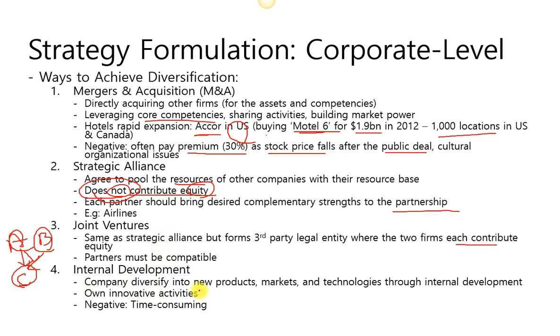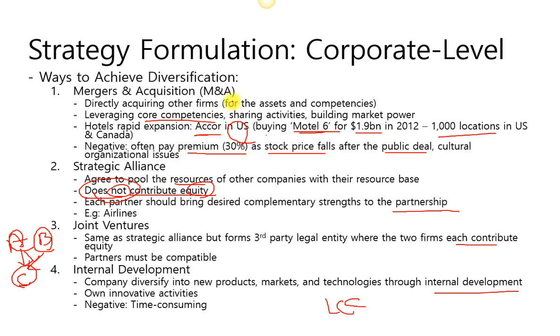Internal development: a company diversifies into new product markets or technology through internal development. So for instance, let's say Lotte decides to go for LCC. They have the option of buying; let's say Jeju Air was in the market. They have the option of buying it, but they decide not to buy it.